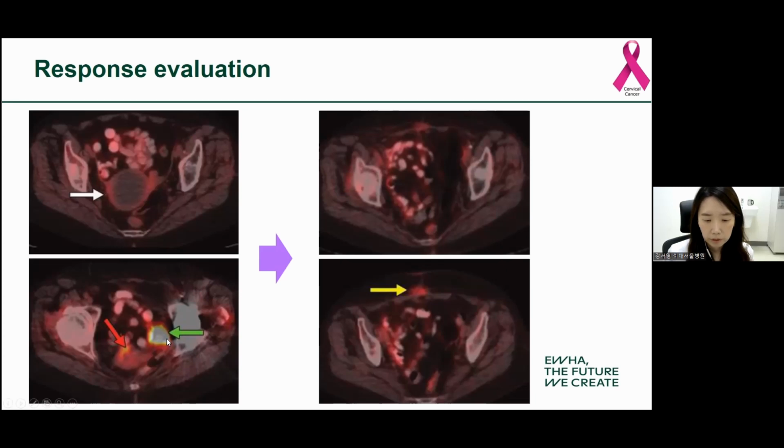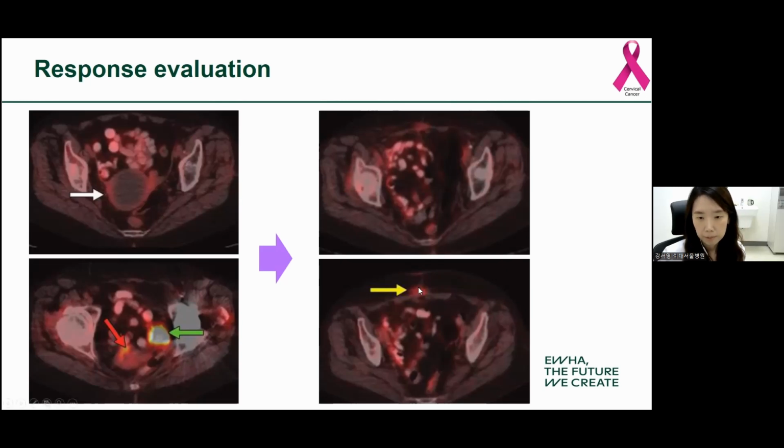And after 3 cycles of etoposide and carboplatin chemotherapy, the PET-CT image shows no abnormal hypermetabolic lesions in the pelvic cavity, suggesting no viable residual tumors. So this case shows the complete metabolic response after therapy.